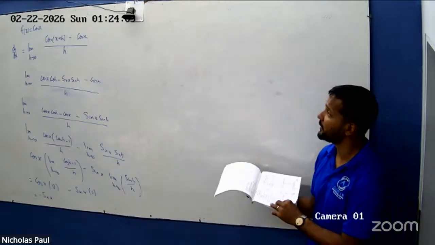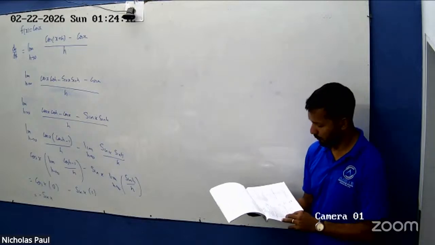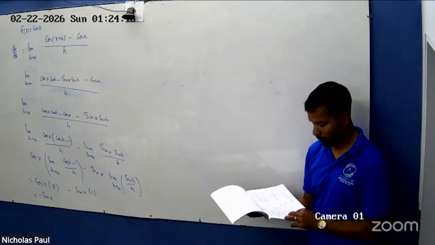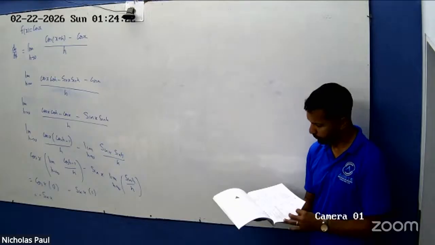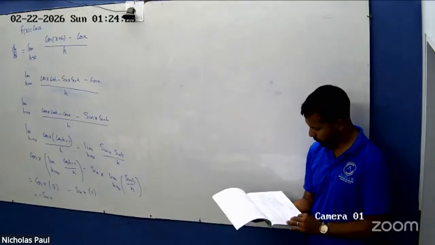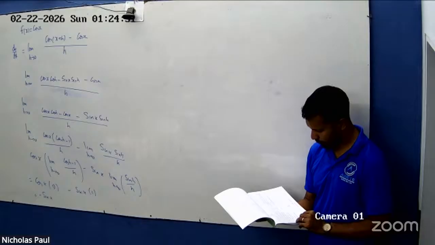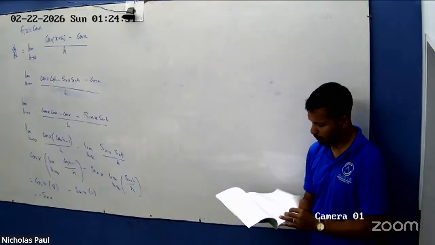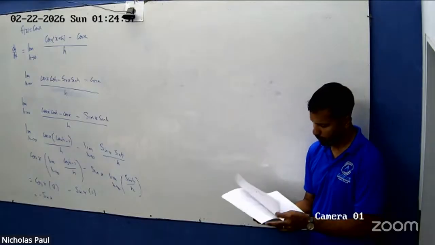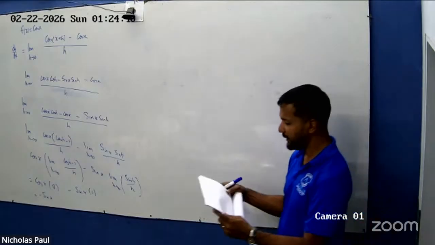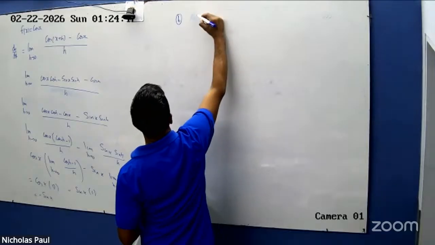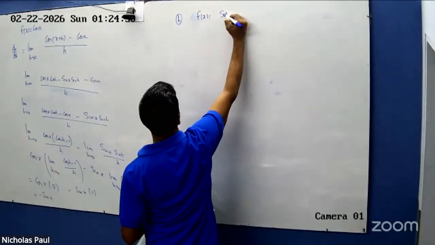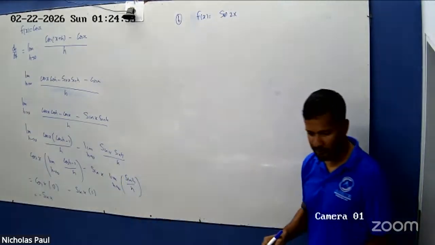Any questions online on this one? f of x is equal to sine 2x. Last one. Do that, please.